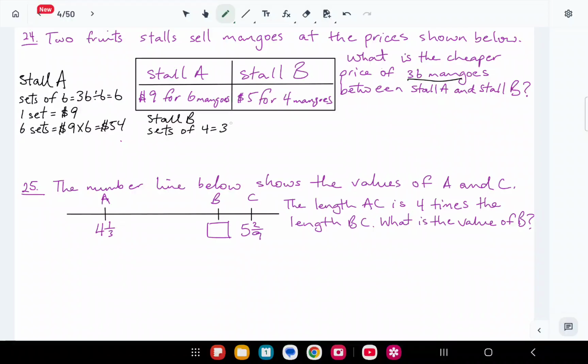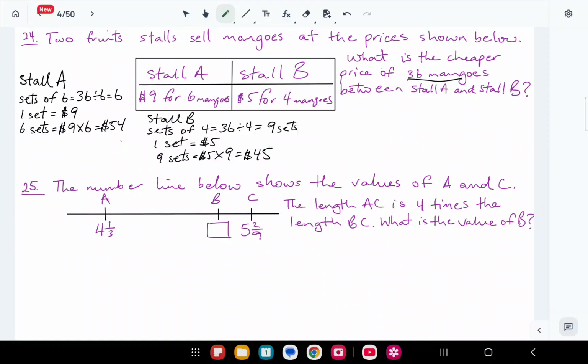So that will be the 36 mangoes divided by 4, grouping them in heaps of 4. And that will be 9 sets. One set is equal to $5. So for 9 sets, it will be equal to 5 multiplied by 9, which is equal to $45.